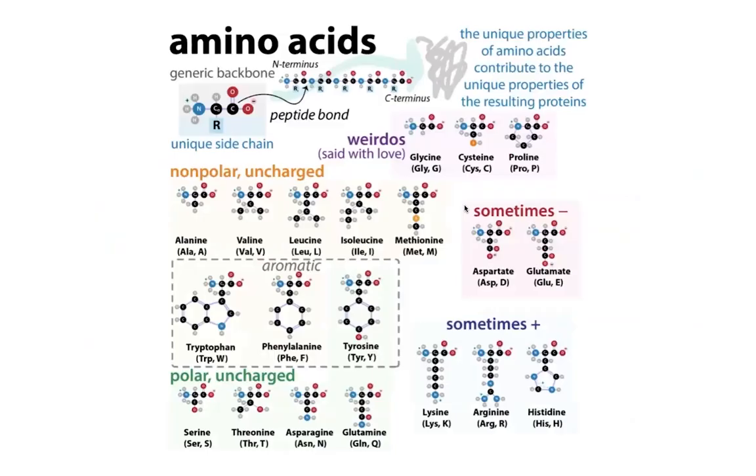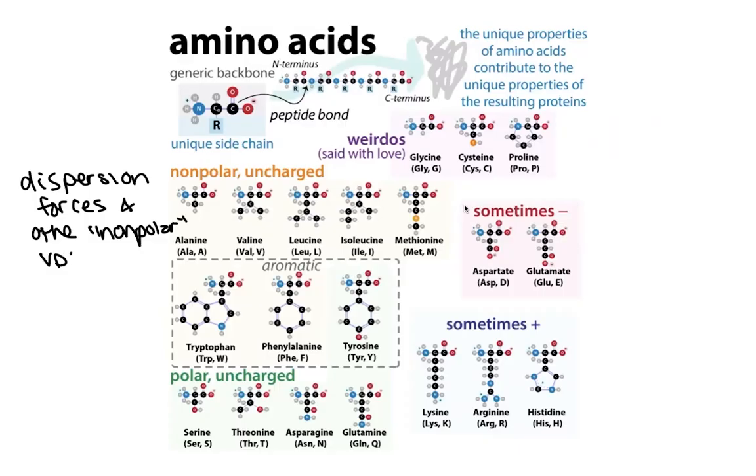Okay, finally, what about the rest of them? Our nonpolar uncharged, these can form dispersion forces. So those are just transient dipoles, and other nonpolar interactions, so other types of van der Waals.